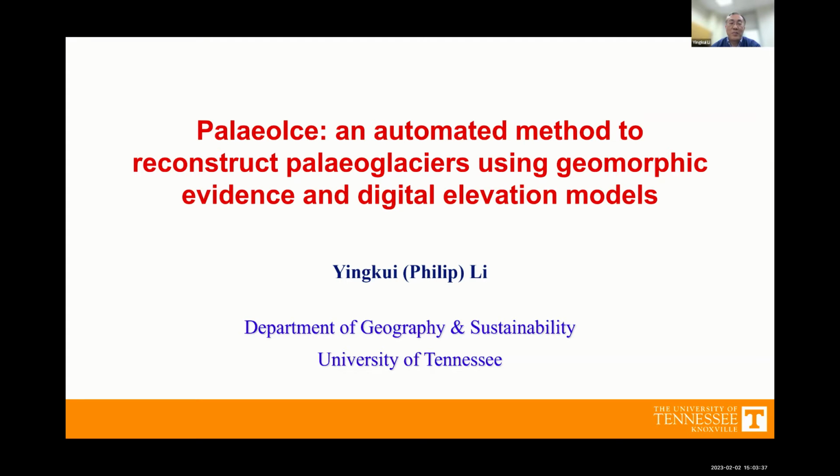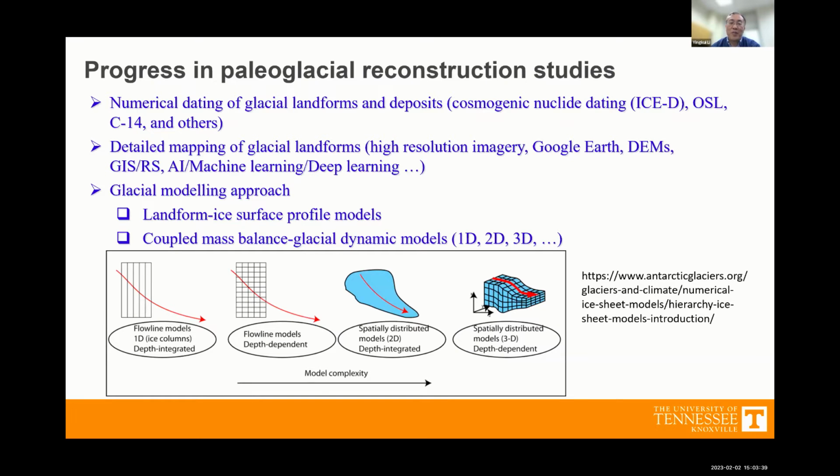I think especially for this group, I probably don't need to say a lot about this. In paleoglacial reconstruction studies, right now we have done a lot of advanced numerical dating, especially cosmogenic dating, right? So it's kind of revolutionized our understanding of glaciers.